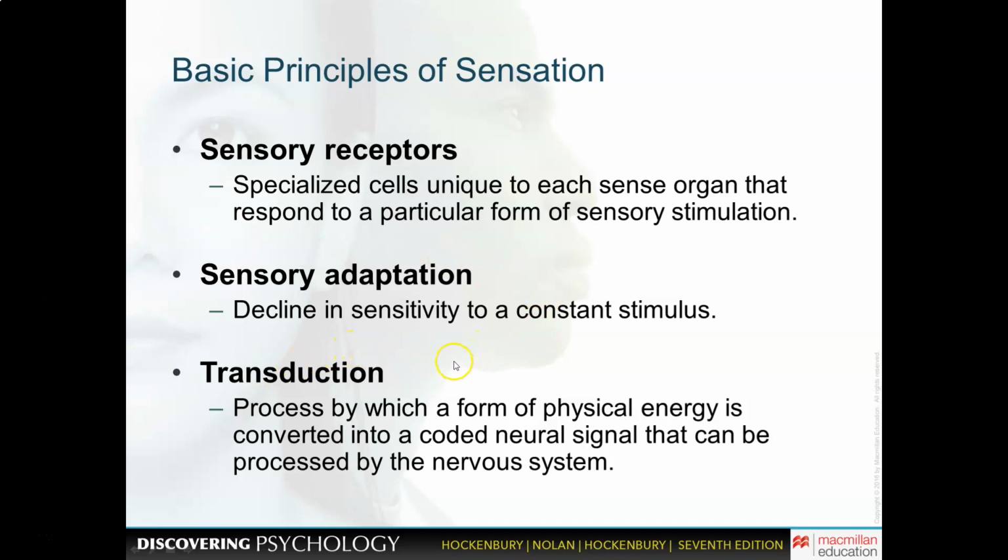And then finally, transduction. That's a very important term. Remember when I told you the brain processes the incoming information and makes sense of it? Transduction is the process by which physical energy is converted into a coded neural signal that can be processed by the nervous system.